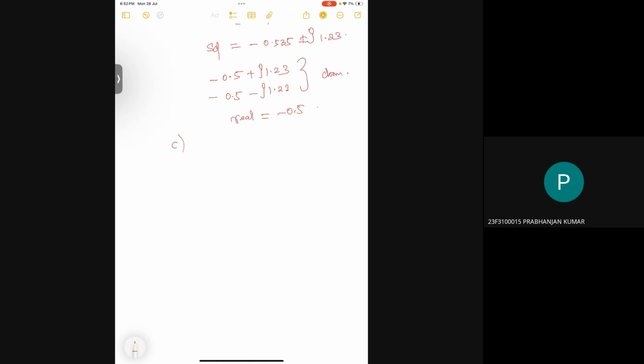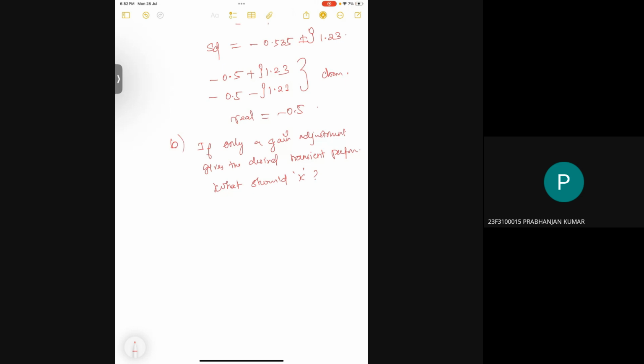If only a gain adjustment gives the desired transient performance, what should be the K?